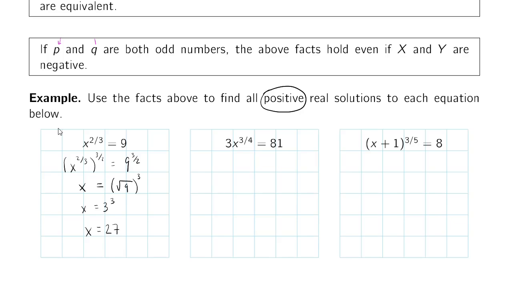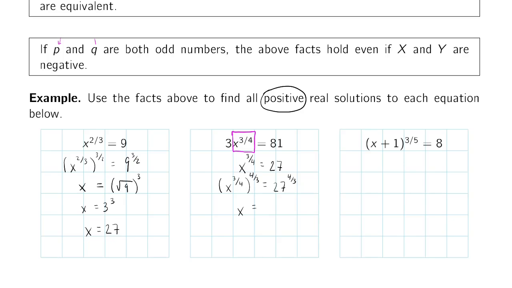This next equation, we have x to the 3/4, but it's not isolated. In order to solve this equation, we need to get x to the 3/4 by itself. So we'll start by dividing both sides by 3. We have x to the 3/4 equals 81 divided by 3 is 27. And then we'll take the 4/3 power of both sides. So we have x to the 3/4 to the 4/3 is 27 to the 4/3.